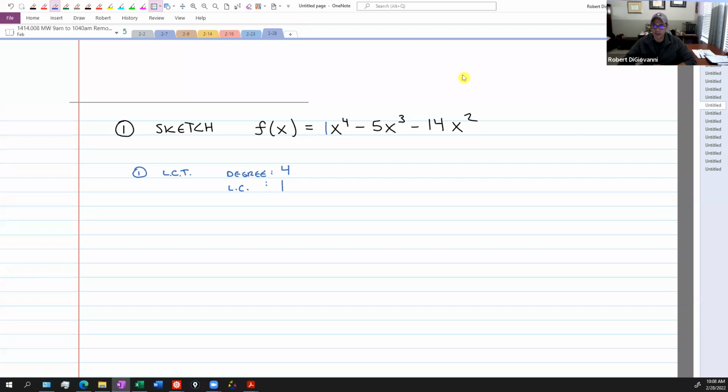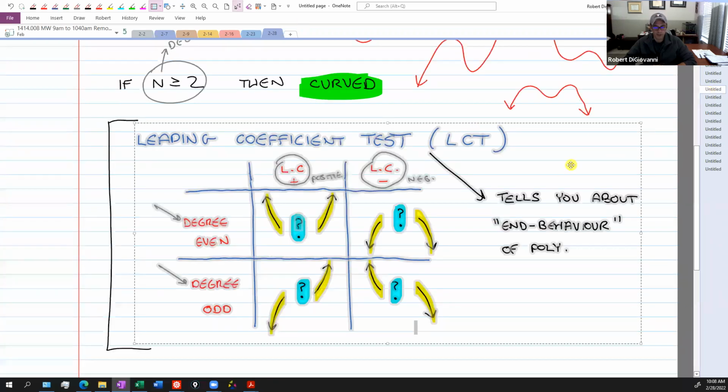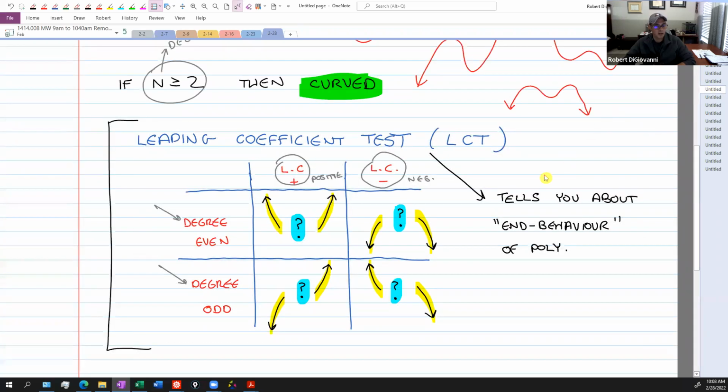Now we go to the table. Here's the table. Araceli said that our degree was 4, which means it's even. The degree is an even number. So it's either going to be this or this. And then the leading coefficient was 1, so the leading coefficient was positive, which means it has to be this one.